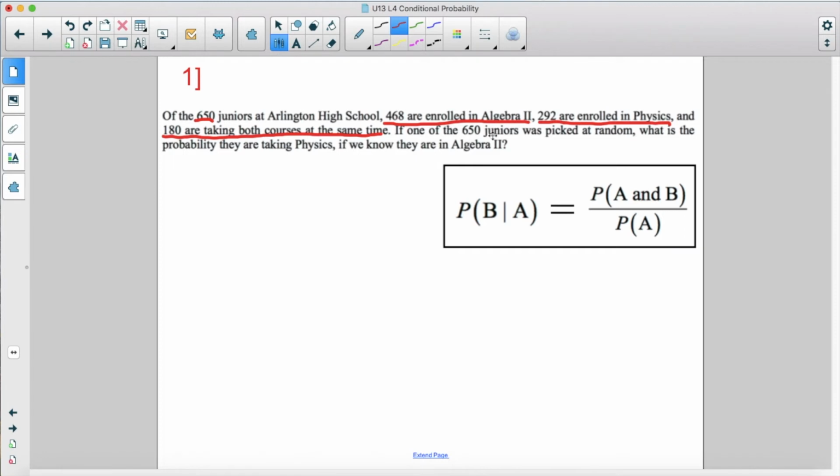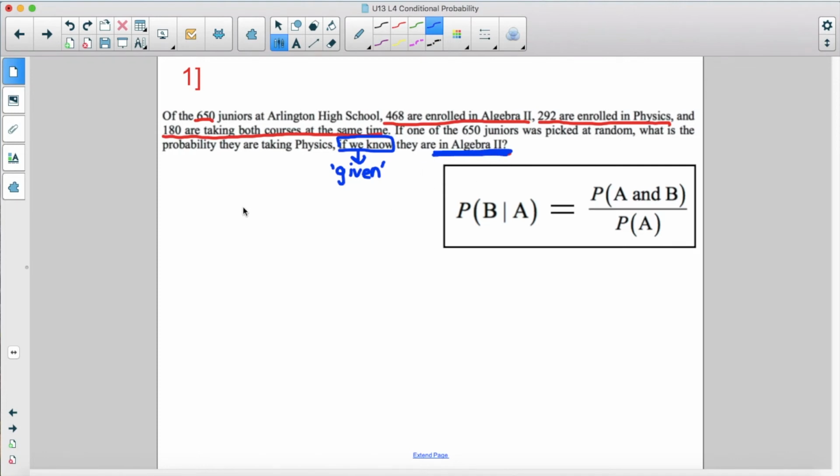If one of the 650 juniors is picked at random, what is the probability they're taking physics if we know? So remember, this is another word for given. If we know that they are already in Algebra 2. So here is our given that they are in Algebra 2.